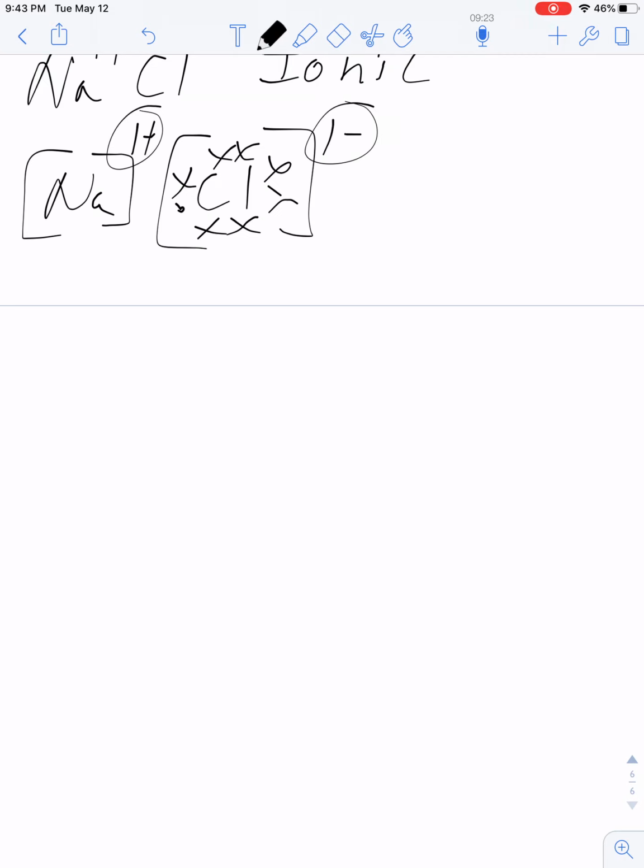Okay, so let's do a really complicated one, and let's do SF4. Okay, so sometimes things violate their rules. Sulfur usually follows the rule of 8 or the rule of 12. In this case, the sulfur is going to follow the rule of 10. And so you kind of have to be told this.